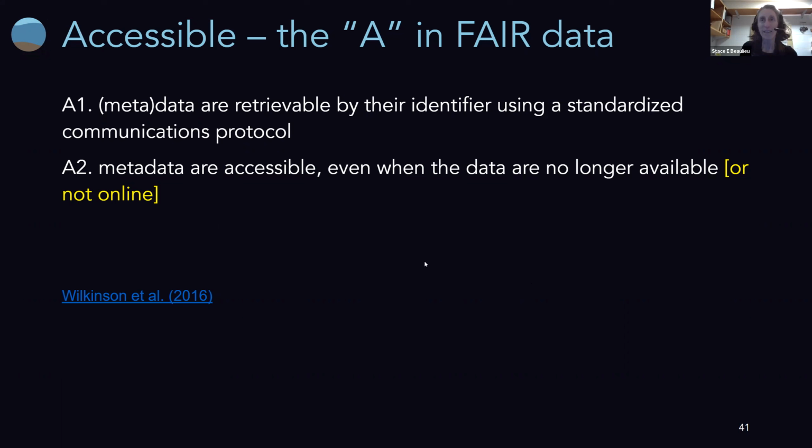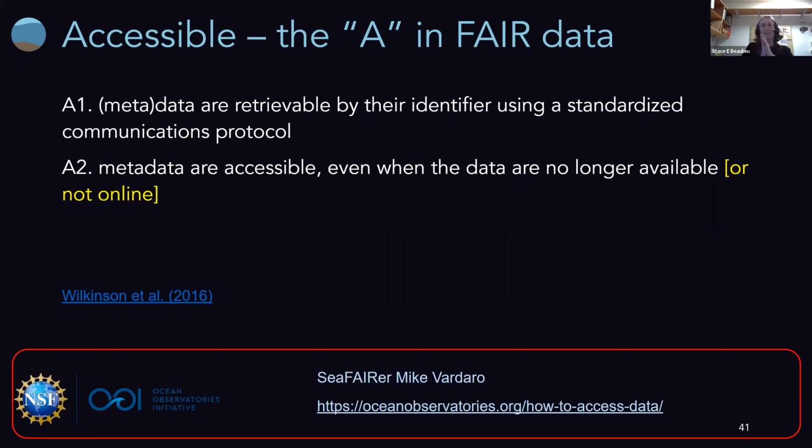The second one, metadata are accessible even when the data are no longer available. I added the extra phrase, or not online, because sometimes there's a landing page for the data, but the data are so huge that they cannot be provided through one of these standard ways easily. So you literally have to request a hard drive. Now, this is not the case, although I did use the Ocean Observatories Initiative as an example of really big data.